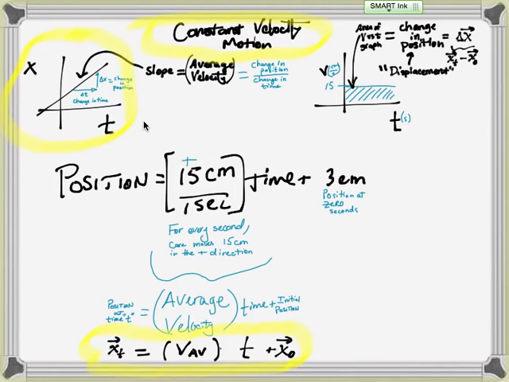And I can actually take our general equation and show this to you another way, very briefly. I'm going to take our general equation for the position of an object at time t, which is v average times t plus my initial position. I'm going to subtract my initial position from both sides.